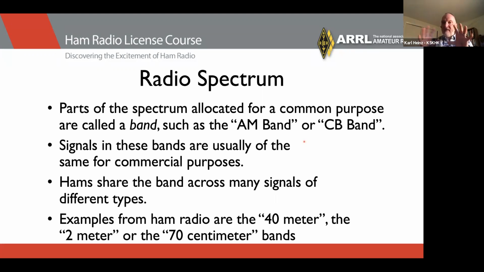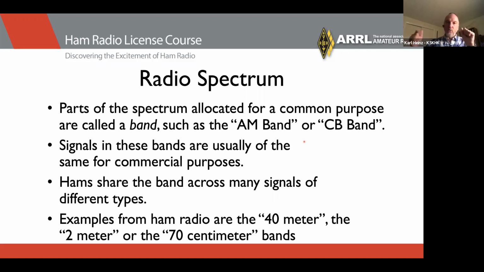And that is very different than what you find in all the other bands that are out there controlled by the FCC. So we again have more power, more flexibility, more freedom to do whatever we want to do with our frequencies within certain boundaries.